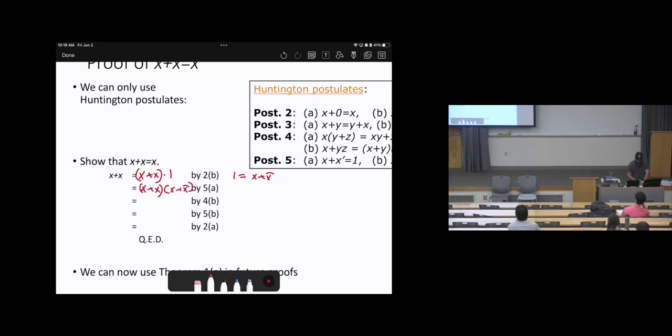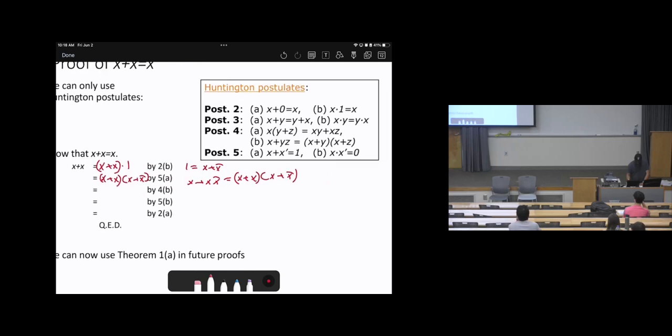And we know from some postulates that x plus yz equals x plus y times x plus z, using this kind of postulate.